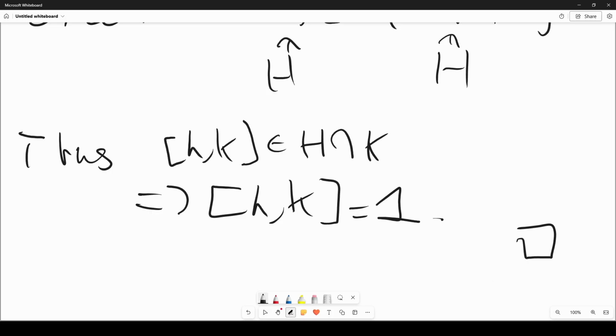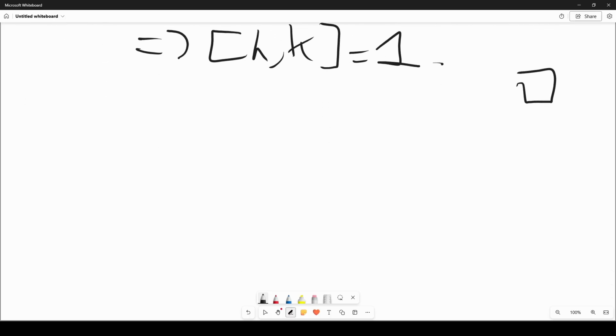Now we want to try to prove the other condition can also be satisfied, which is writing an element uniquely as h times k.